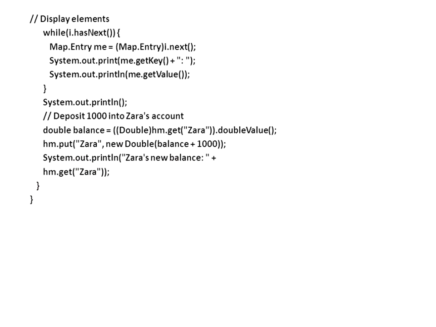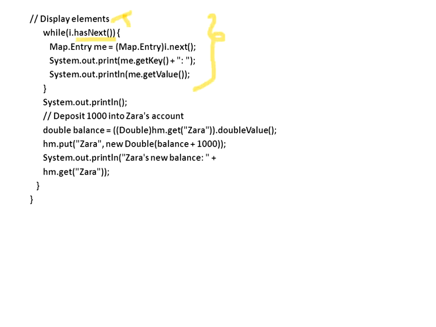Now in this code, what we are doing is displaying the elements. So each and every element is fetched and displayed one by one until this loop condition is true.